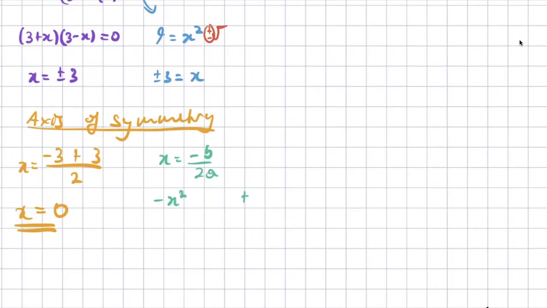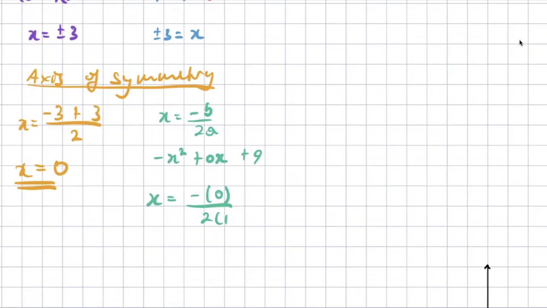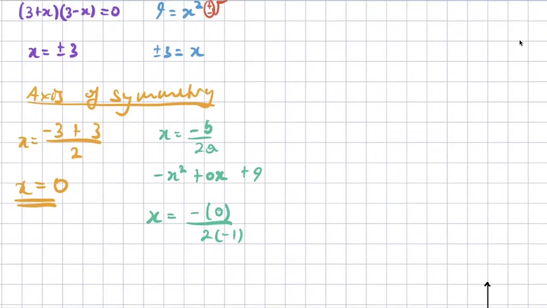So you may be asking, what on earth is the b term when we don't have a number there? It is there, it's just a 0. So we can see straight away when we sub it into negative b on 2a, it is minus 0 all over 2 times negative 1. So it is equal to 0 as well.